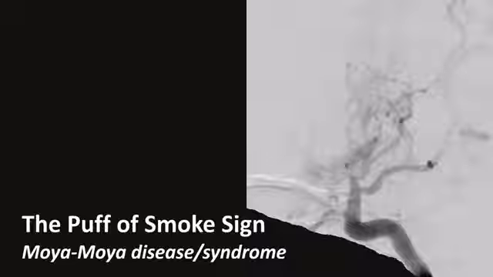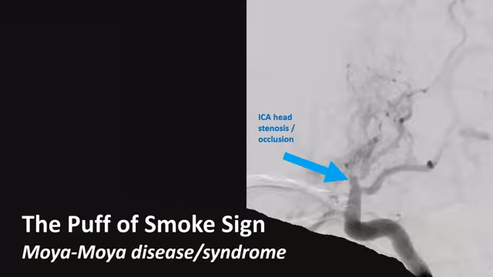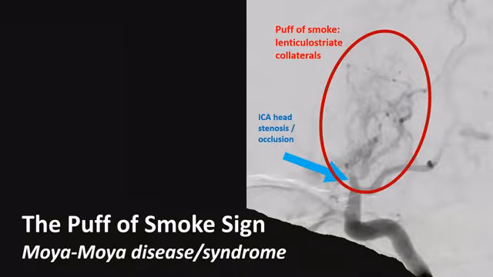But because it is a chronic disease, the brain gets time to develop adaptation mechanisms. So sometimes a lot of collaterals are recruited through the lenticulostriate arteries, and these can have the appearance of a puff of smoke. Moyamoya is Japanese for puff of smoke. So it was first described in Japanese patients.